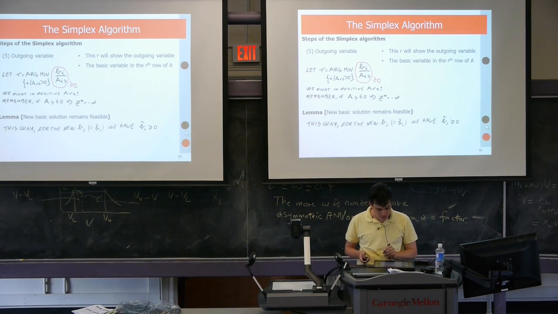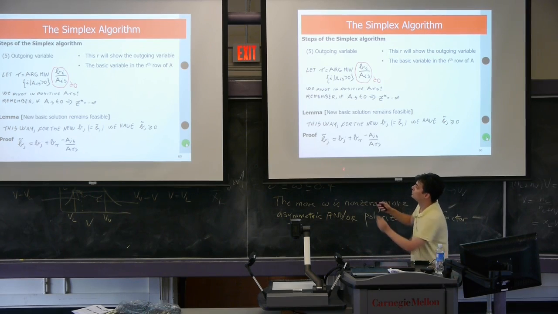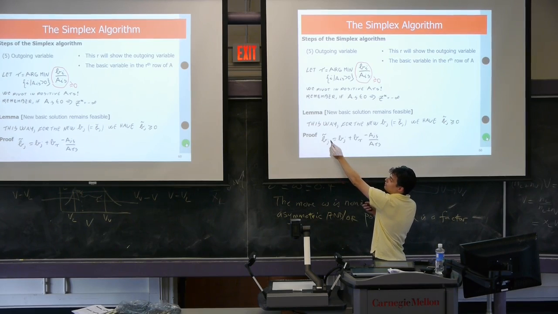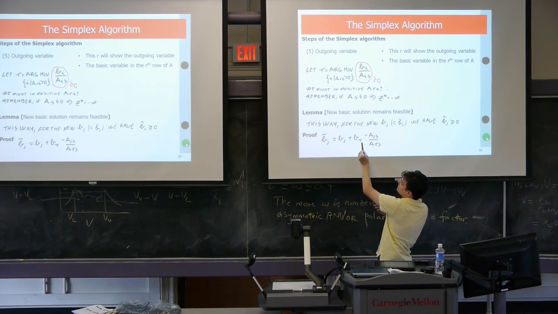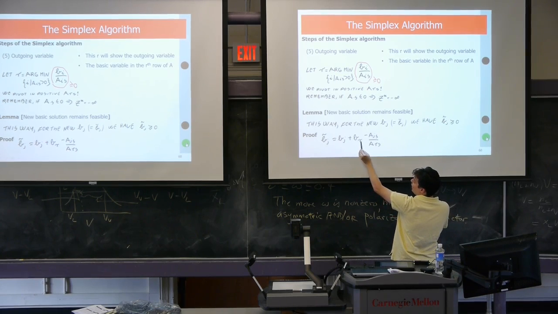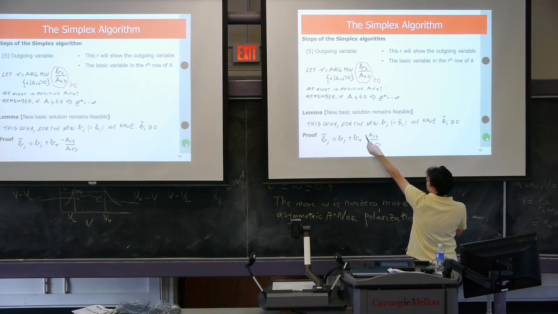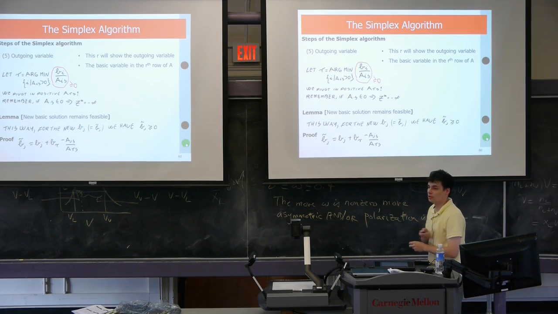Right, so it's very easy to see. After the pivot, the J's value of B will be the old value of B plus this expression. R is defined by this, and you multiply this equation.